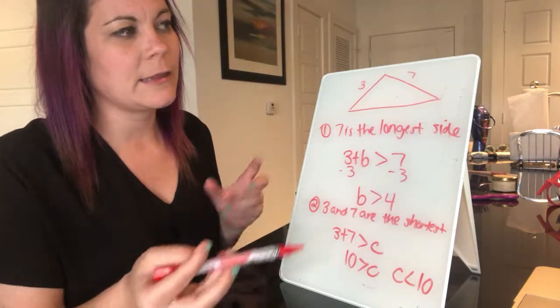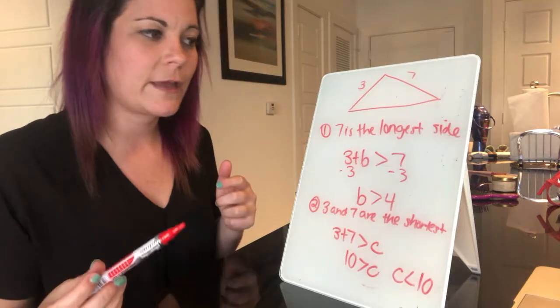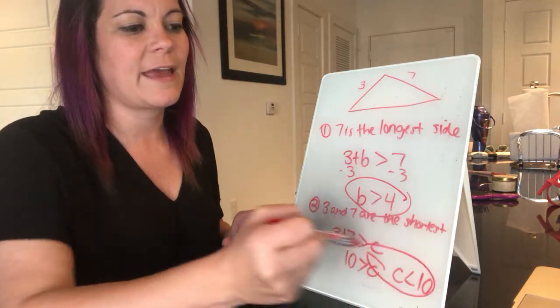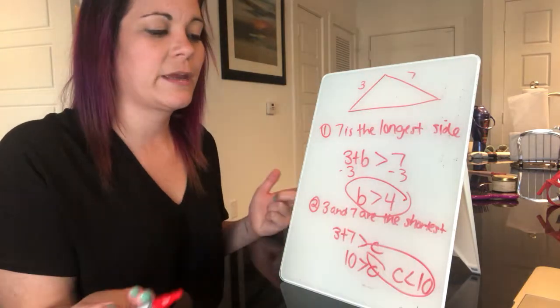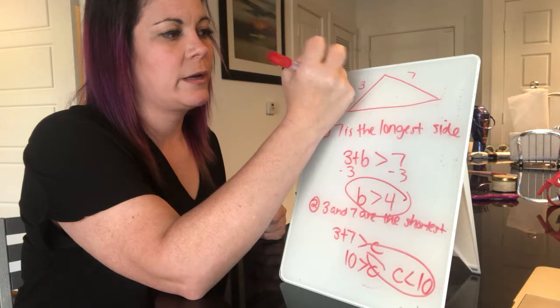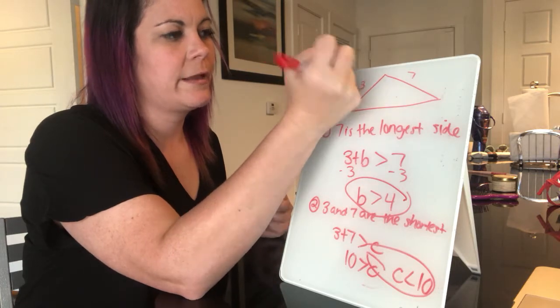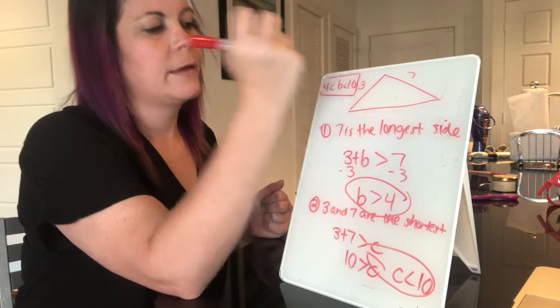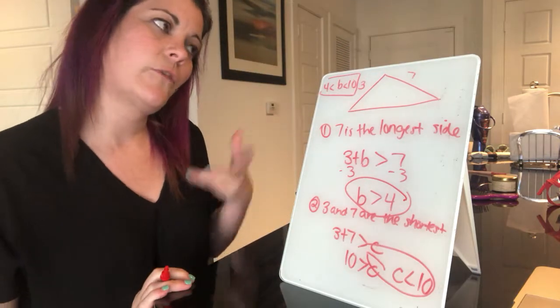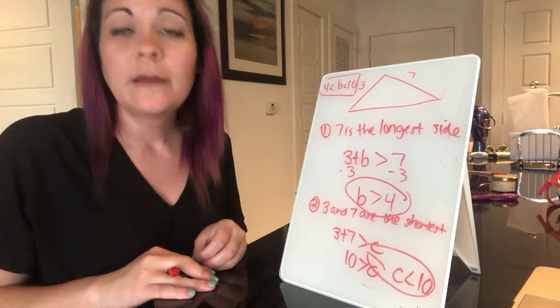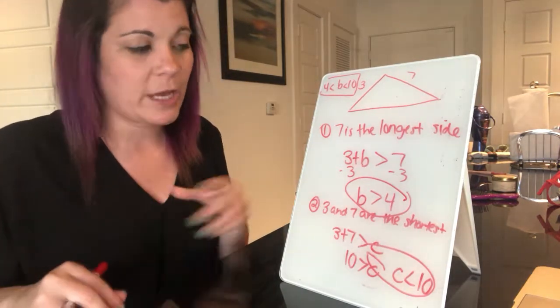So in this case, if we know that they were 3 and 7, the only possibilities would be between 4 and 10. So we can rewrite that and say it's going to be between 4 and 10, and I can use any variable. It's going to be between 4 and 10 because the two shorter sides always have to add up to be greater than the longer side.